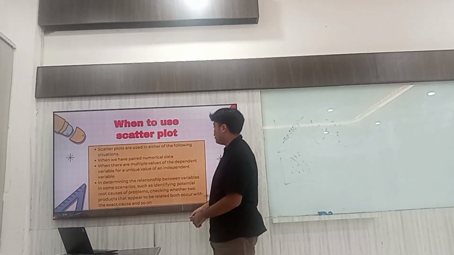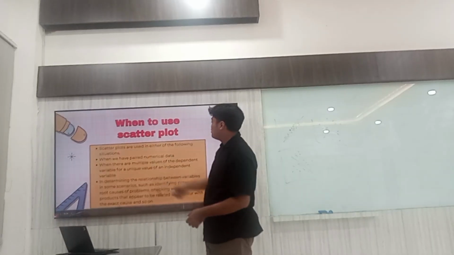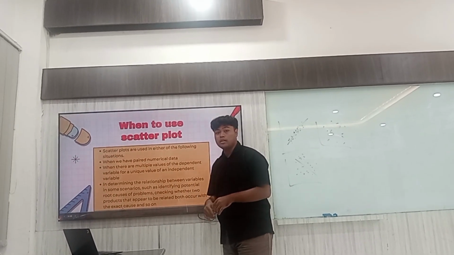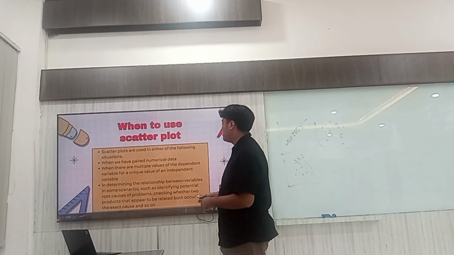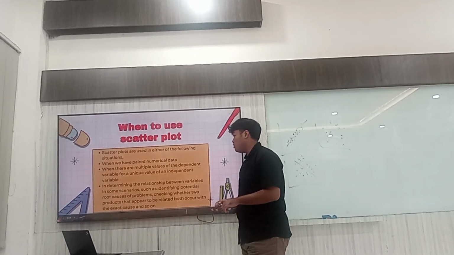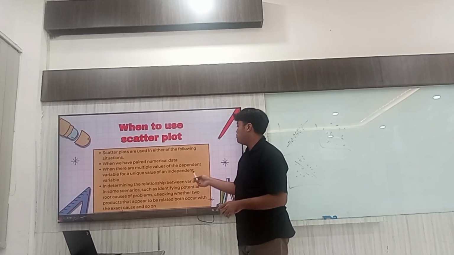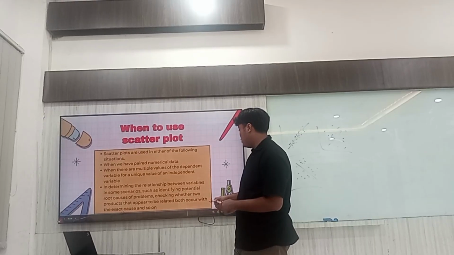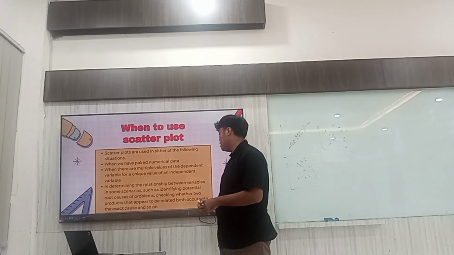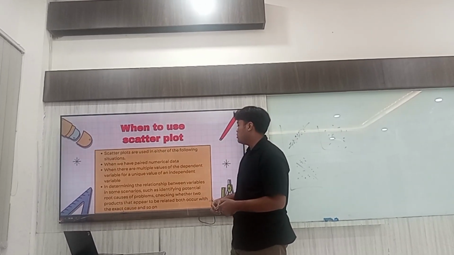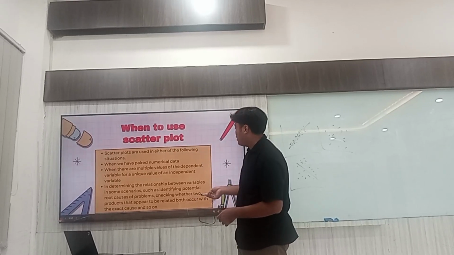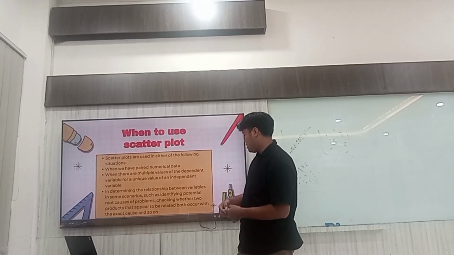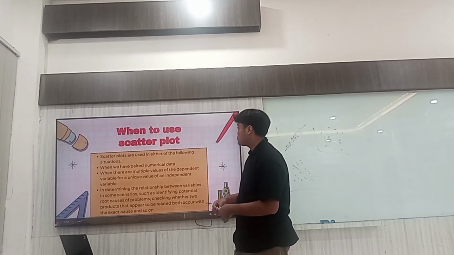When to use scatter plot? Scatter plots are used in either of the following situations: when we have paired numerical data, when there are multiple values of the dependent variable for a unique value of an independent variable, in determining the relationship between variables in some scenarios, to identify potential root causes of problems, and checking whether two products that appear to be related both occur with the same cause and so on.